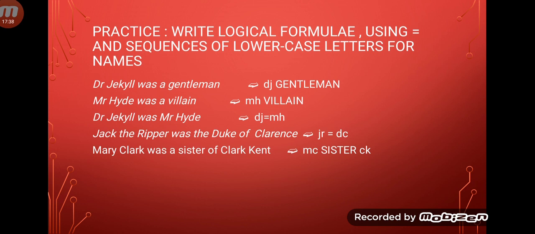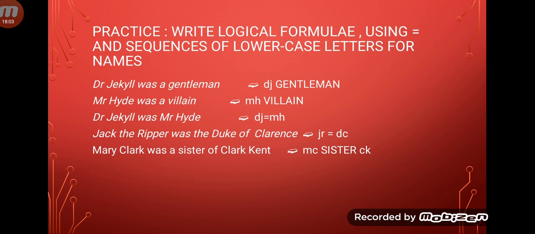The doctor becomes d, and then Jekyll j, d j, gentleman; was a should be omitted. And then Mr. Hyde was a villain. Mr. becomes m, and then Hyde h, villain becomes a predicator.